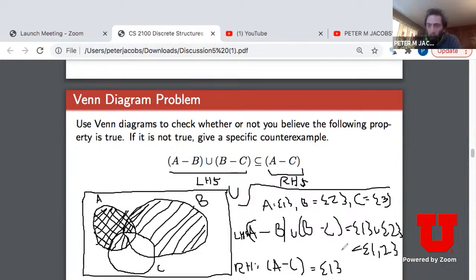We found 3 sets such that the set on the left-hand side is not a subset of the set on the right, because 2 is in the left-hand side, and it's not in the right-hand side.